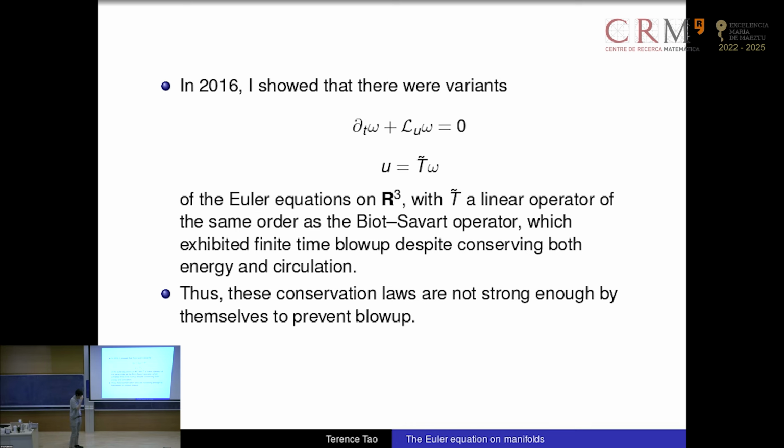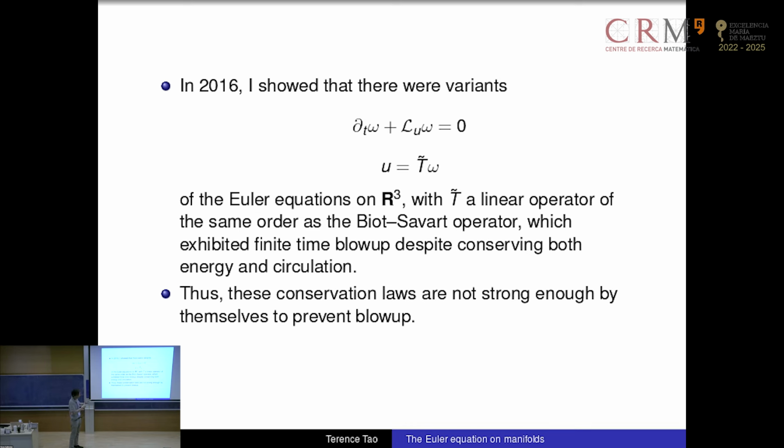A while ago, I showed that the Euler equations could somehow blow up, if you change the equations. In the previous approaches, you can cheat by making the solution less regular, by adding a forcing term. You can also cheat by changing the laws of physics.